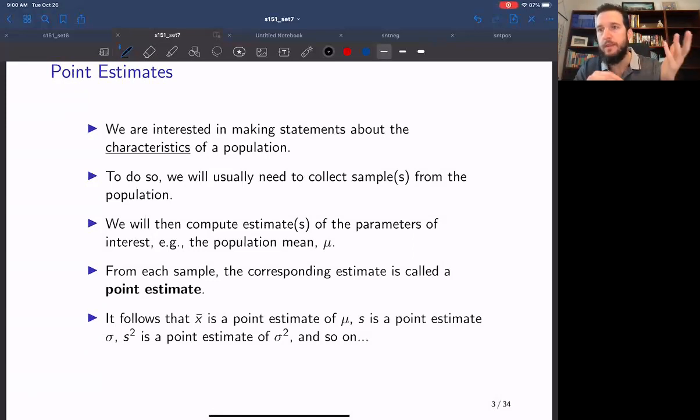Little s is a point estimate of sigma. So the sample standard deviation is a point estimate of the population standard deviation. The sample variance is a point estimate of the population variance. So basically, given a sample of information, we can construct a value that estimates a population quantity. And that's what a point estimate is.